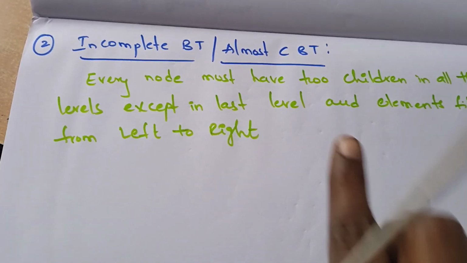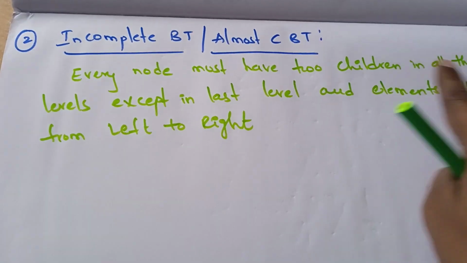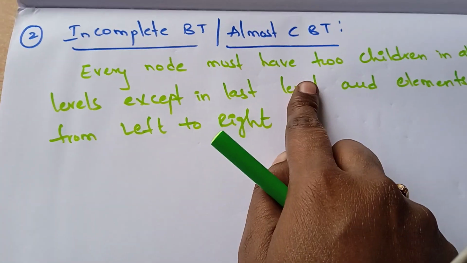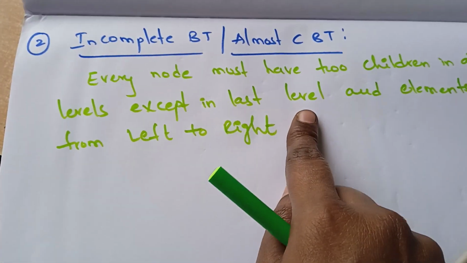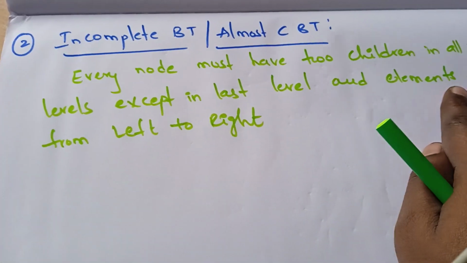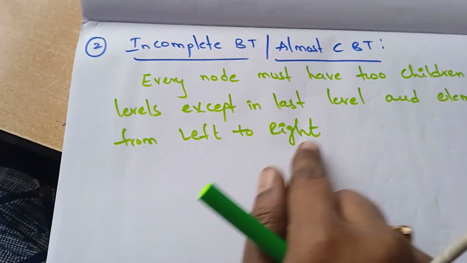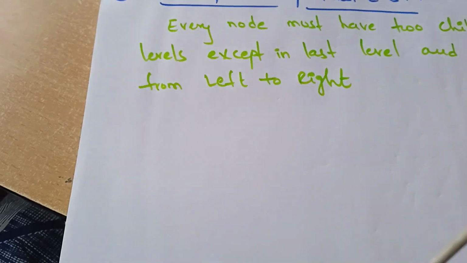Every node must have two children in all the levels except in the last level, that is, except the leaf nodes. But there is a condition here, which is that elements or node values should be filled from left to right. Now let's see the example.